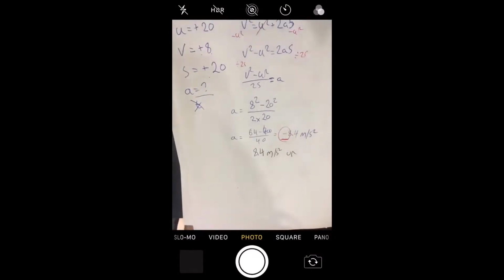And that's important. Sometimes you'll have to pay attention: the negative is in the opposite direction of the velocity. So that's why we've slowed down. The acceleration is upwards, it's actually pushing us up, and that's why our velocity gets slowed down.